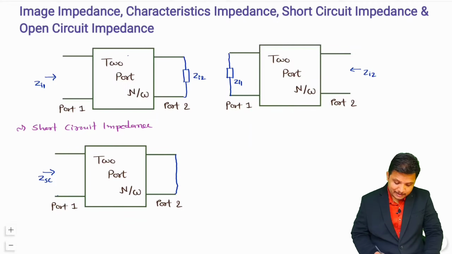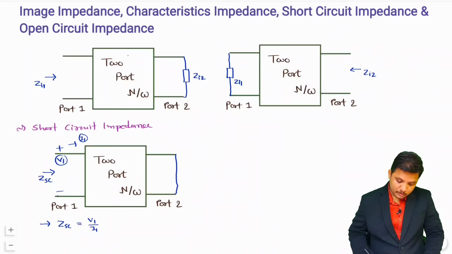Let us say we have voltage V1 and current I1. In that case, this ZSC will be V1 by I1. So the short circuit impedance you can measure from here when you provide a short circuit at port 2. If you want to measure short circuit impedance at port 2, you will have to provide a short circuit at port 1.